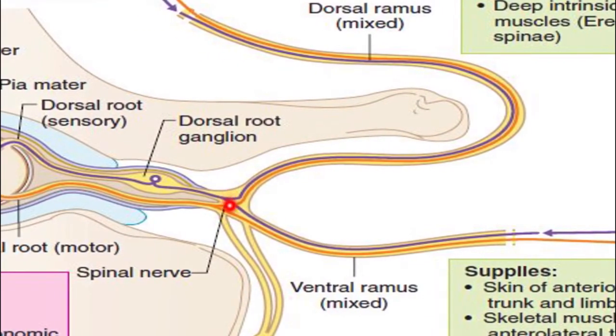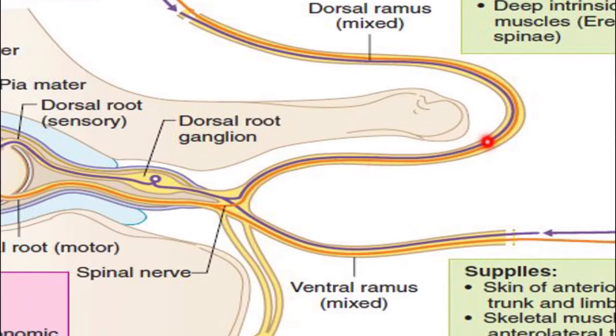This is the spinal nerve, and it divides into two parts, the ventral ramus and dorsal ramus. Whether it is the ventral ramus or the dorsal ramus, they are mixed. It means they have the sensory component as well as the motor component.